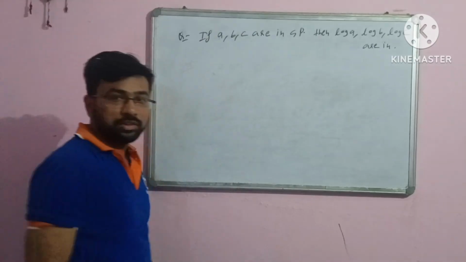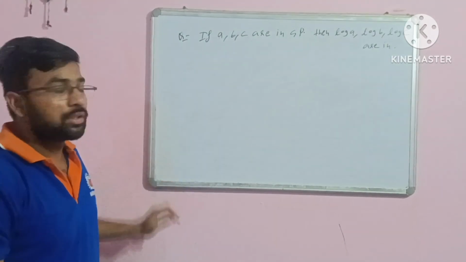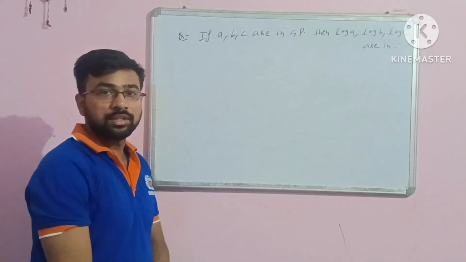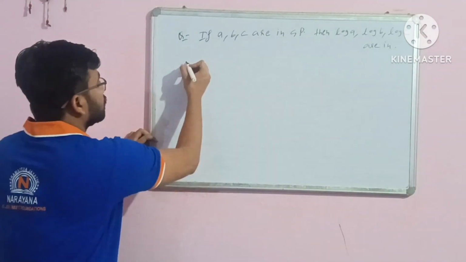So here the question says that A, B, C are in GP. Then we have to find out whether log A, log B, log C are in AP, GP or HP.